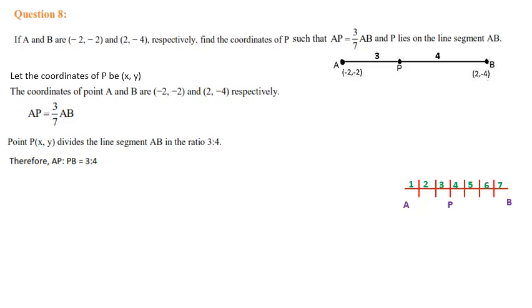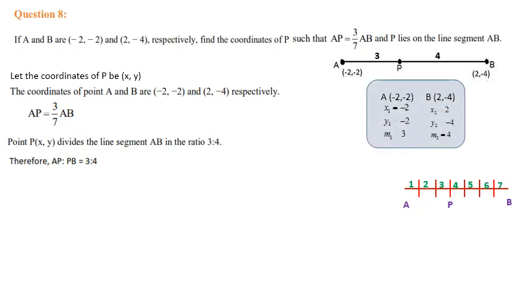Now from the diagram we can write A (minus 2, minus 2), B (2, minus 4), and from here we can write down x1 that is minus 2, y1 that is also minus 2, m1 I have marked here that is 3, and from here B (2, minus 4), x2 is 2, y2 is minus 4, and m2 is 4.